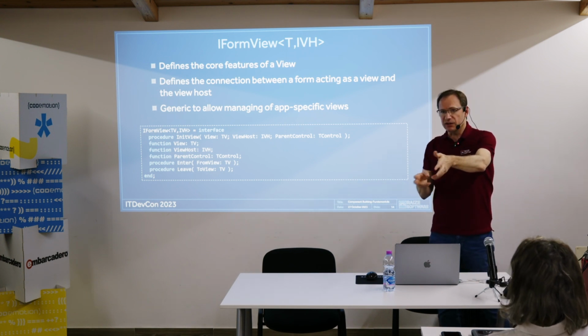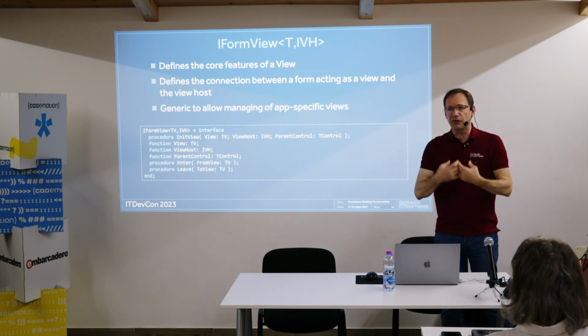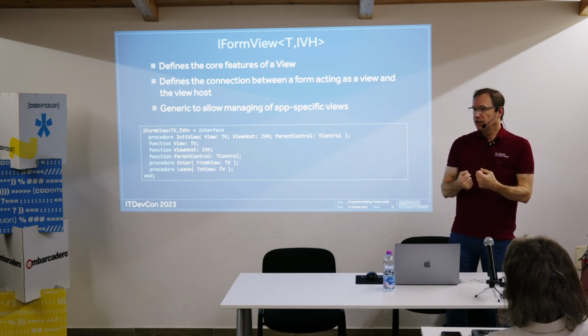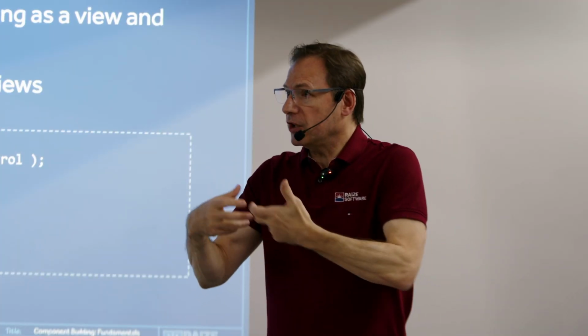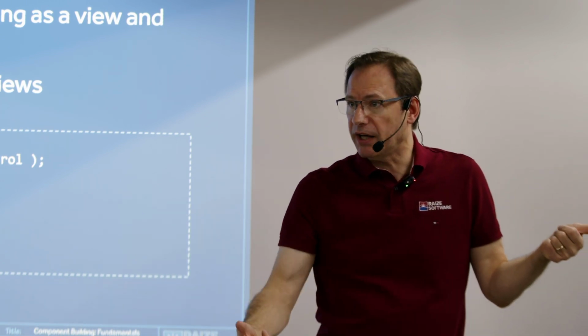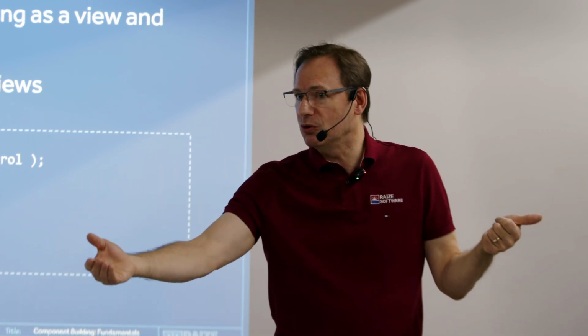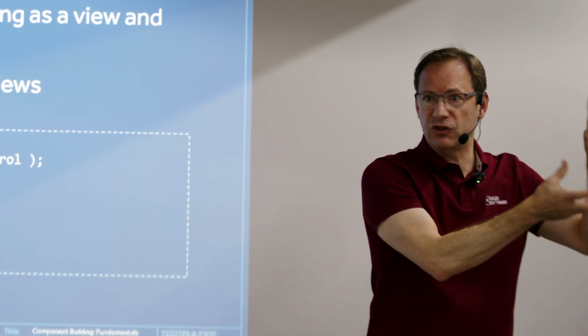I need to be able to do things to do that. Likewise, the view itself, if I'm clicking a button to change it, I'm going to want to tell the host about that because it might require me to go to a new view. And all the navigation is managed at the host level.